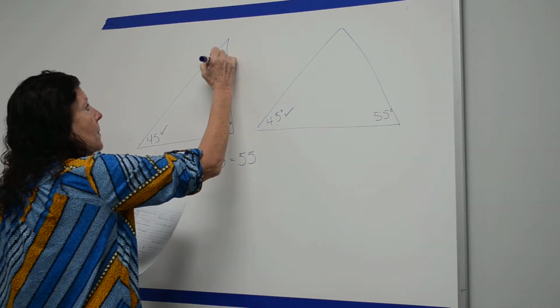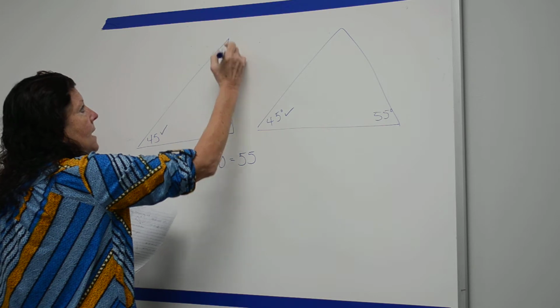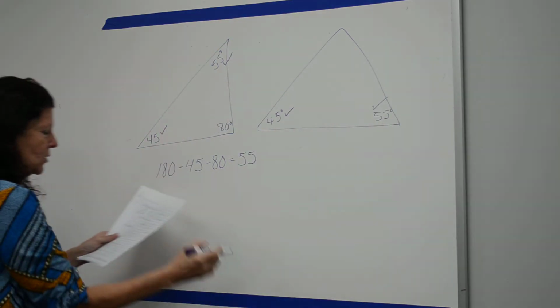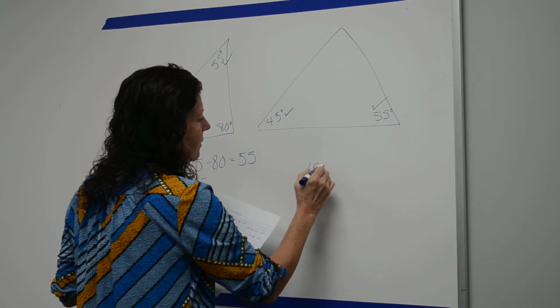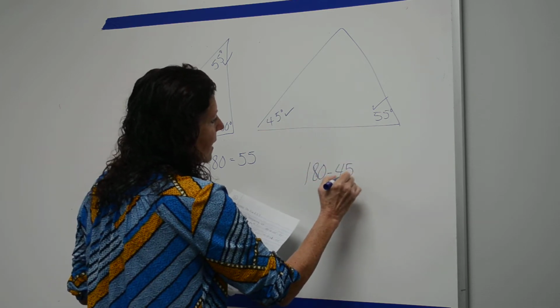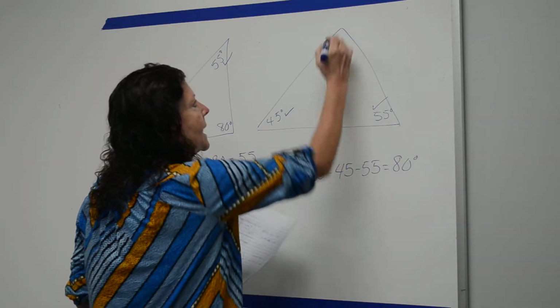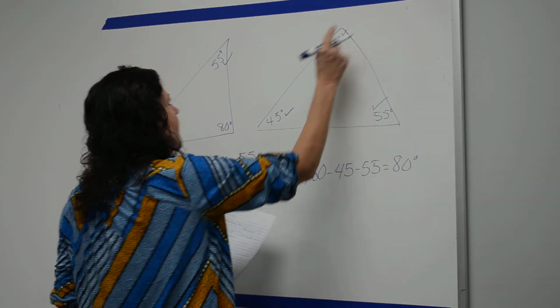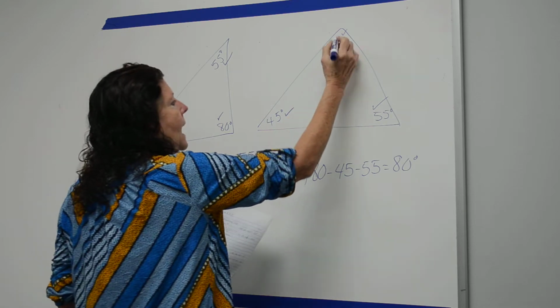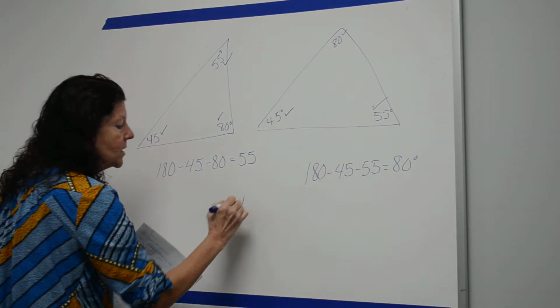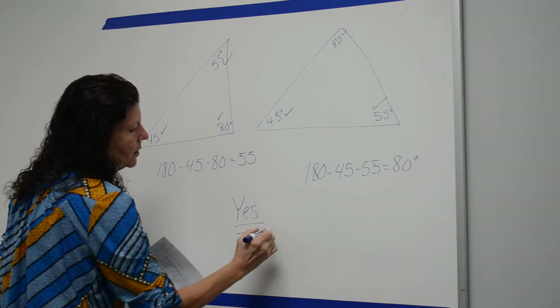Well, I'm in good shape right now because I've got a 55 here and I've got a 55 here. Let me try this one. I've got 180 minus 45 minus 55, and that's going to give me an 80. So I know that angle is 80. Well, now all three angles match up to an angle on the other side. So this one would be similar.